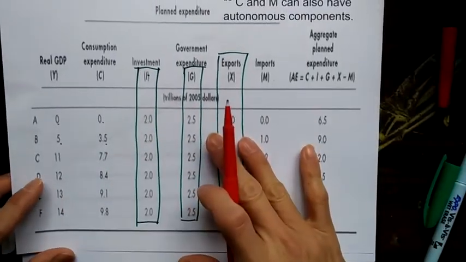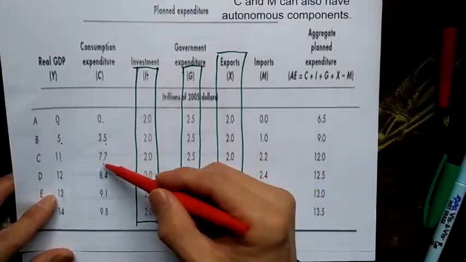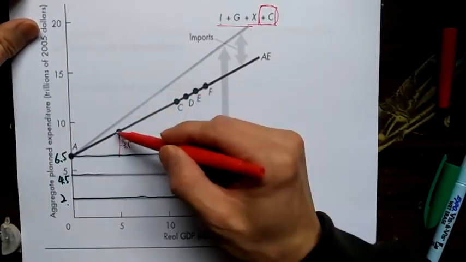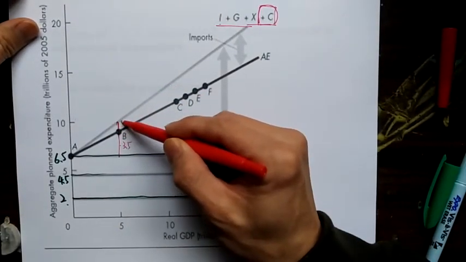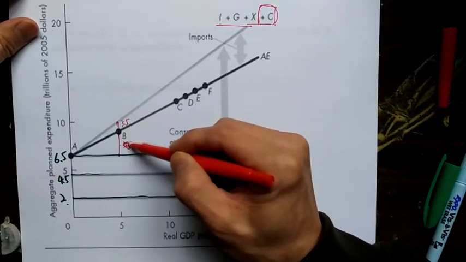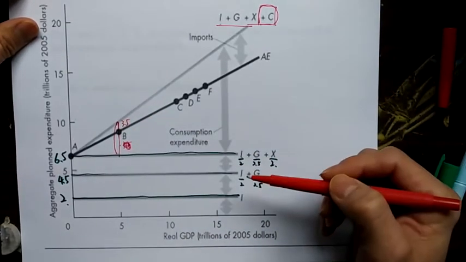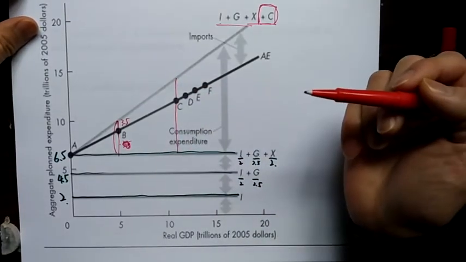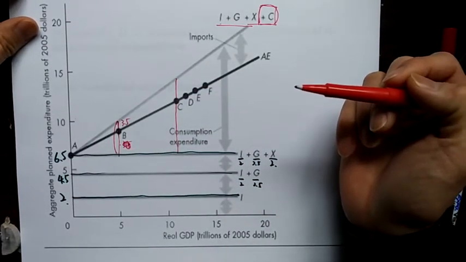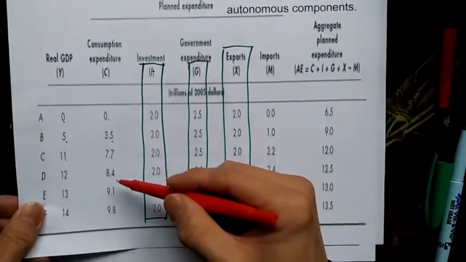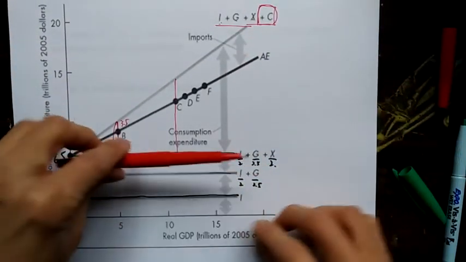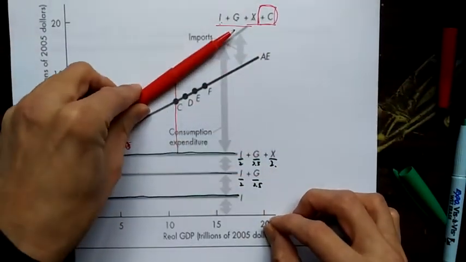When income is 11, I add 7.7. So when I add consumption to I plus G plus X, now I have a line with a slope.